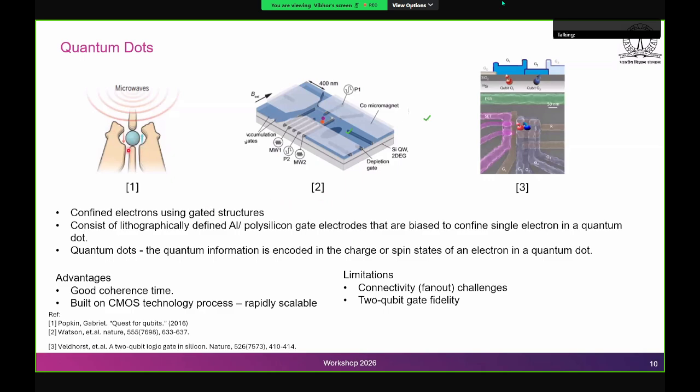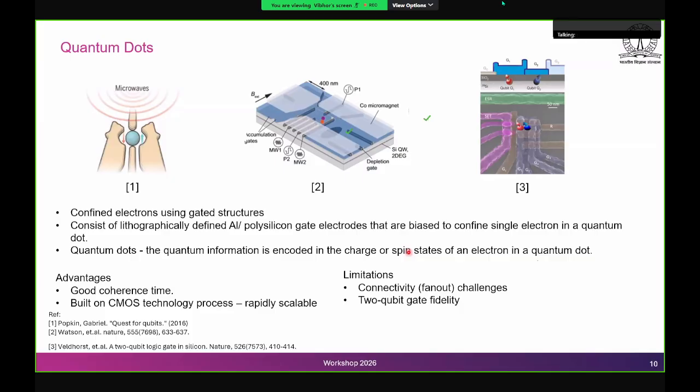Quantum dots are small structures, and you can confine electrons in a small area with gated structures on a two-dimensional electron gas. Once you have electrons localized in a small region, you can use either their charge or spin degree of freedom to encode two levels, and that becomes a quantum dot based qubit.